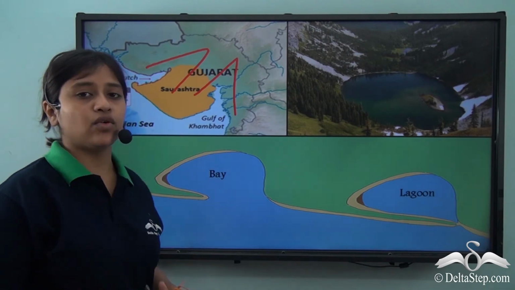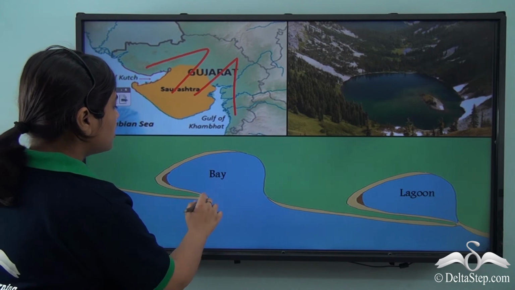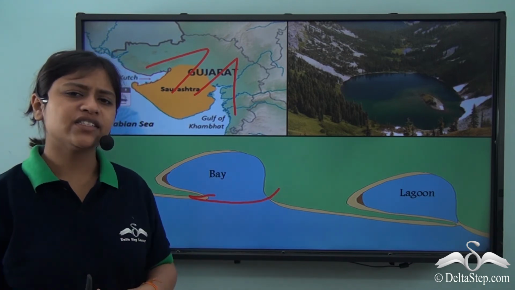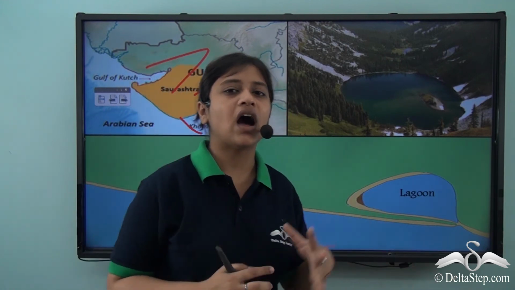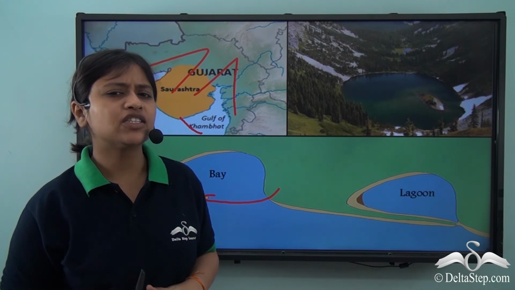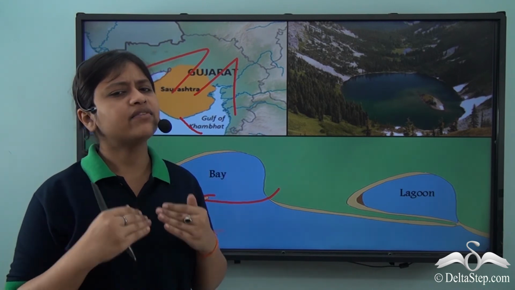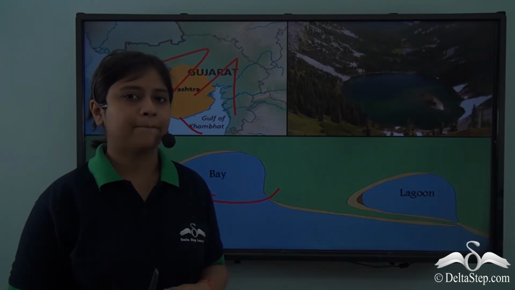A bay, as you know, is another inlet just like the gulf, but the mouth is wider than that of a gulf. While on the other hand, lagoons are also lakes that are shallower and once were a part of the sea body but eventually got separated from the main water body.